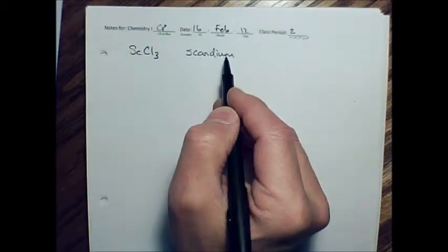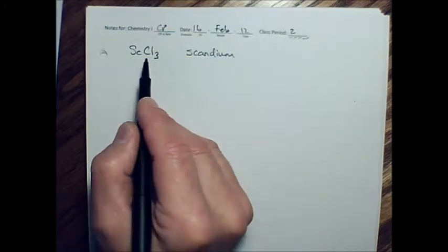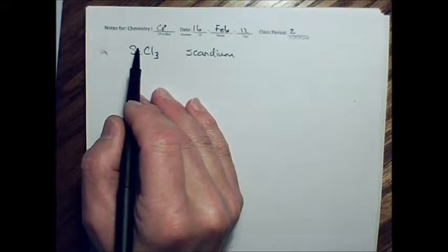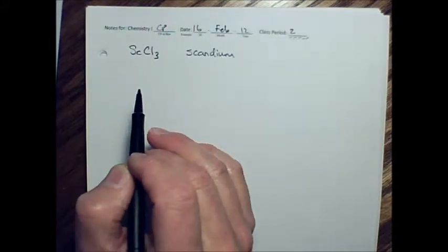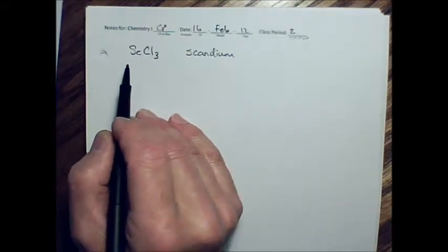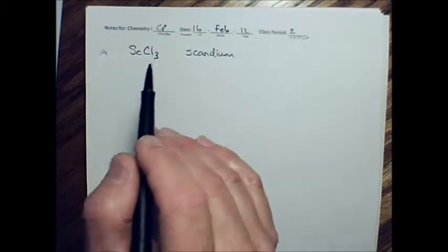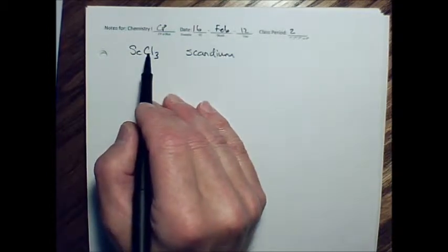Alright, so scandium is the front part of this. If it's ionic, the first part of the formula has to be positive and the second part has to be negative. That's the only way you can get a neutral compound. Since I only have one oxidation number for scandium, all I have to do is name this back part. I don't have to figure out anything about charges.